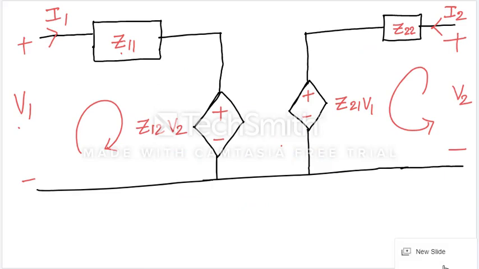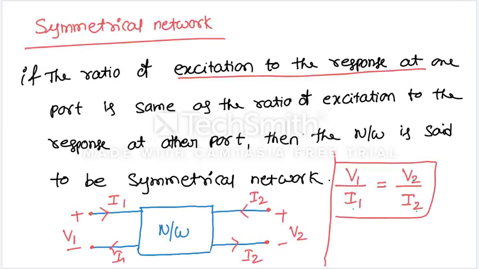Now we'll see the condition for the symmetrical condition and the reciprocal condition. We have seen the symmetric condition is V1 by I1 is equal to V2 by I2.